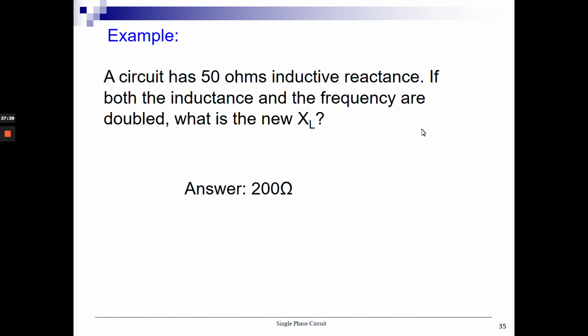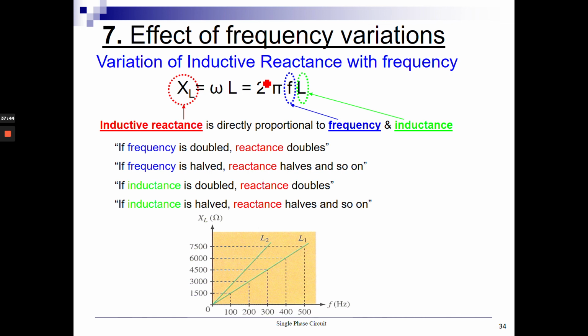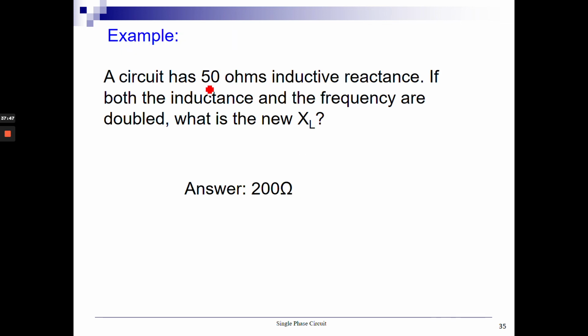Okay, so apply this formula. A circuit has 50 ohms inductive reactance. If both inductance and the frequency are double, what is your new XL? In order to find the new XL, you have to multiply by 4 because inductance double and frequency double. So that's why you will get the new XL is 200.